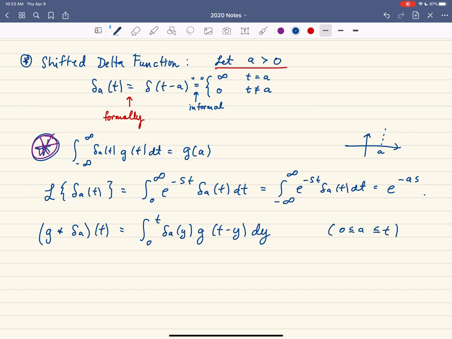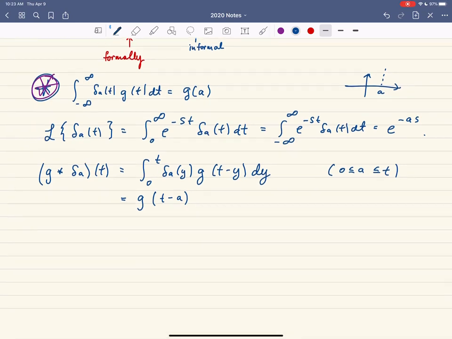But if a is going to be between 0 and t, let's think about what's going to happen. If we integrate this, we're going to end up with whatever this is at a. Again, we can do the usual thing where we write this as the integral from negative infinity to infinity, but we get g of t minus a. So convolving this with delta sub a is just really shifting this by a.